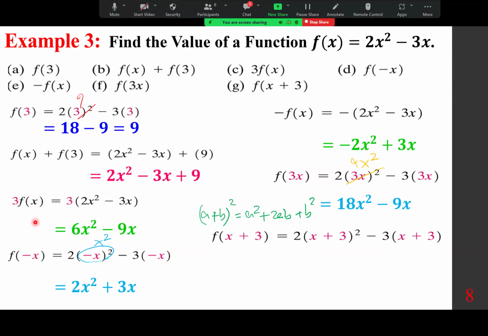Therefore, this is x squared plus 2 times the first times the last one, 6x, plus the last one squared, 9. This one you just distribute, you get minus 3x minus 9.